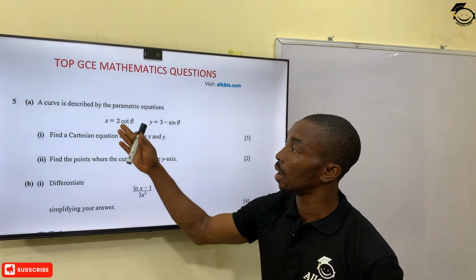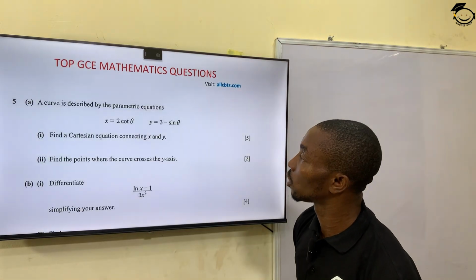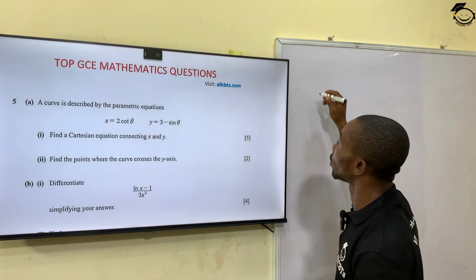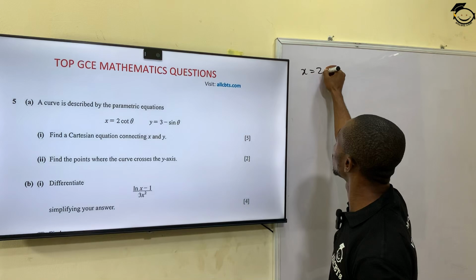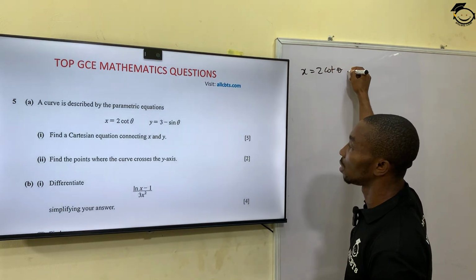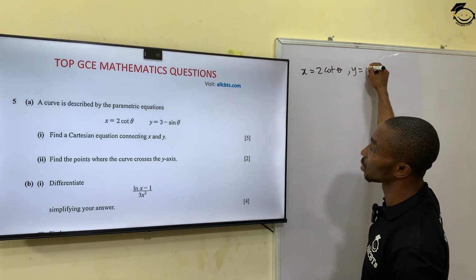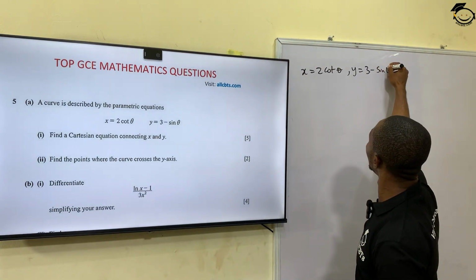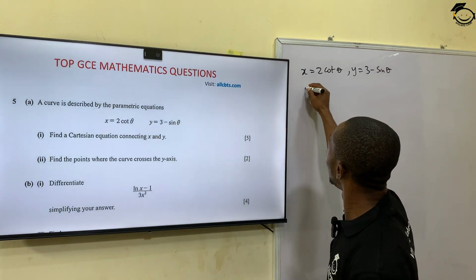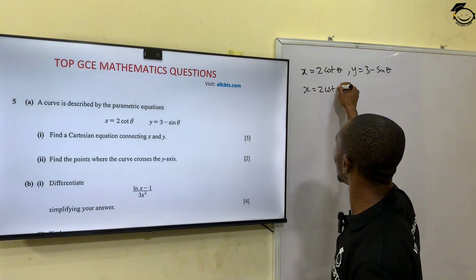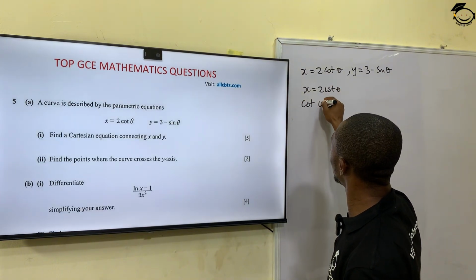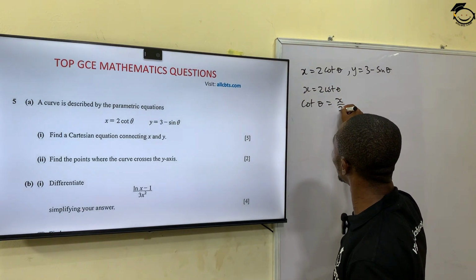A curve is described by the parametric equation x equals 2 cot theta and y equals 3 minus sine theta. Now, for x equals 2 cot theta, our cot theta will become x over 2.